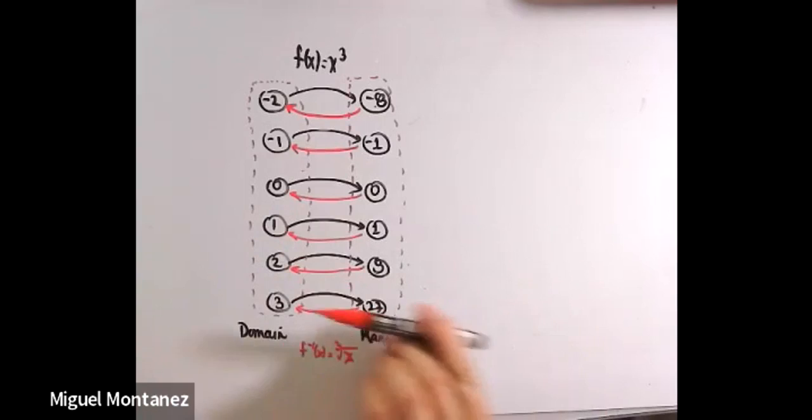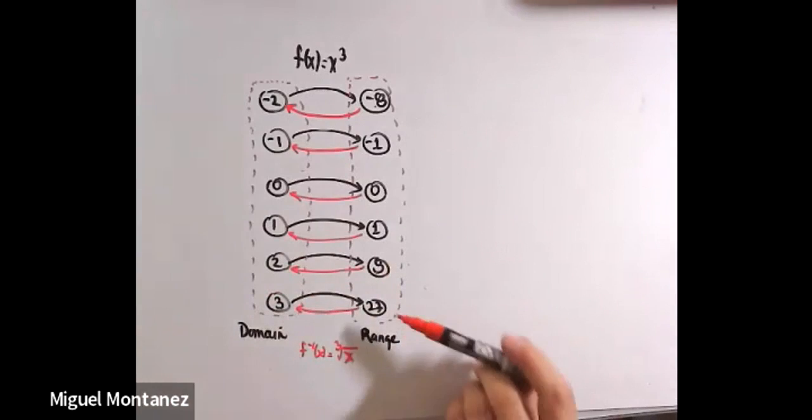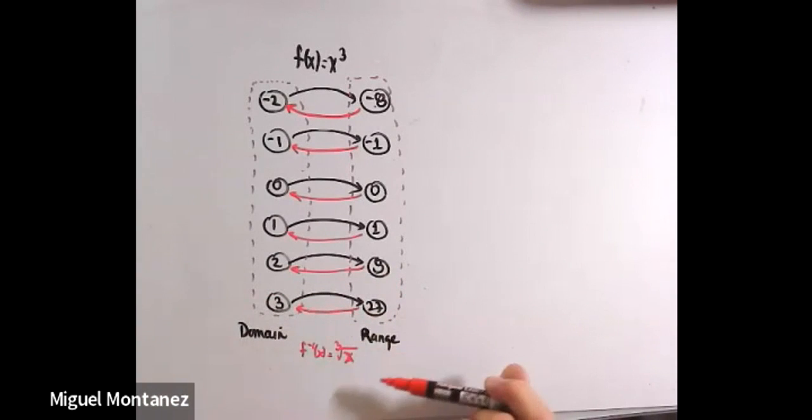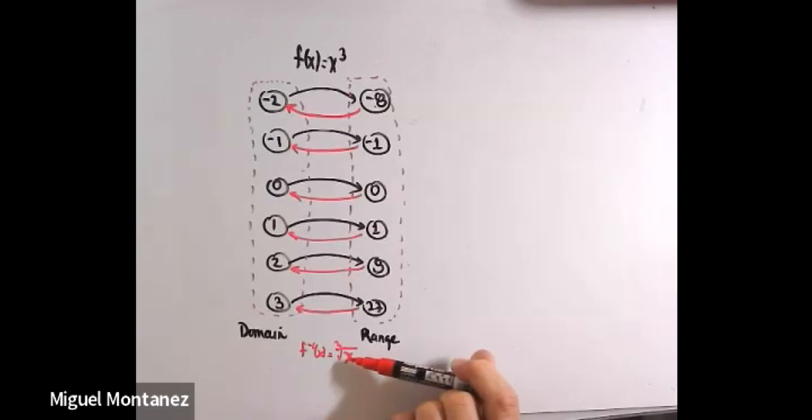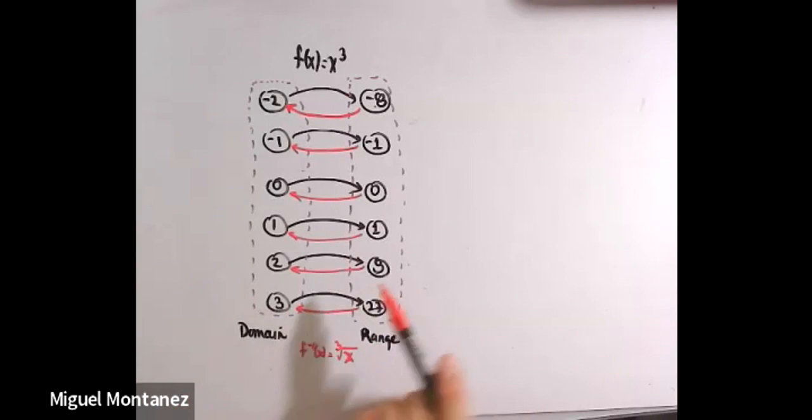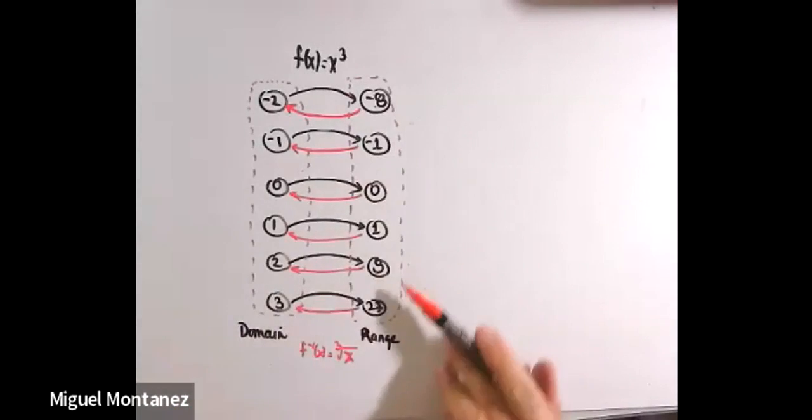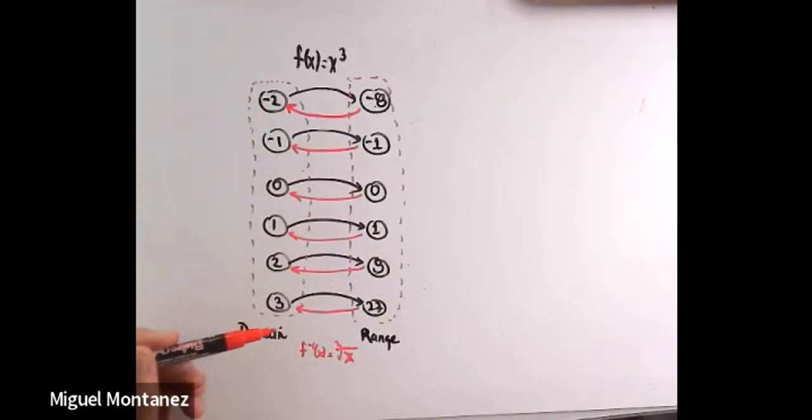However, if I go from right to left, following the red road, which is namely the cube root of x, notice that now these numbers become the input and these numbers become the output.